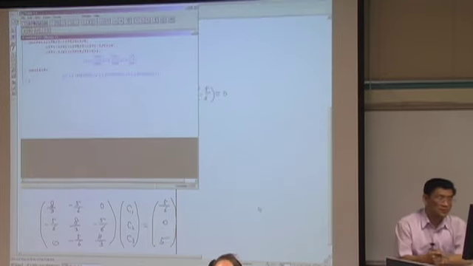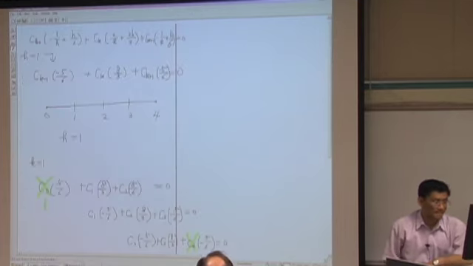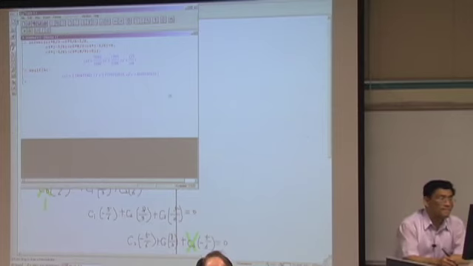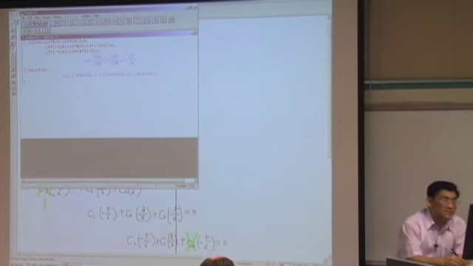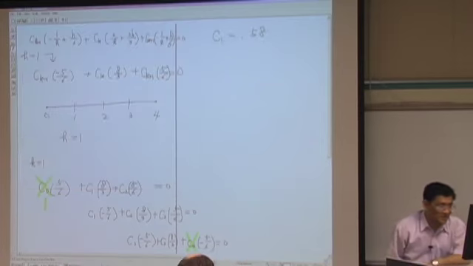So C1 is 2.14. Please remember these numbers. Oh, I see, yeah. C1 is 0.578, right? Or C1 is 0.58, right? I will cut it there.